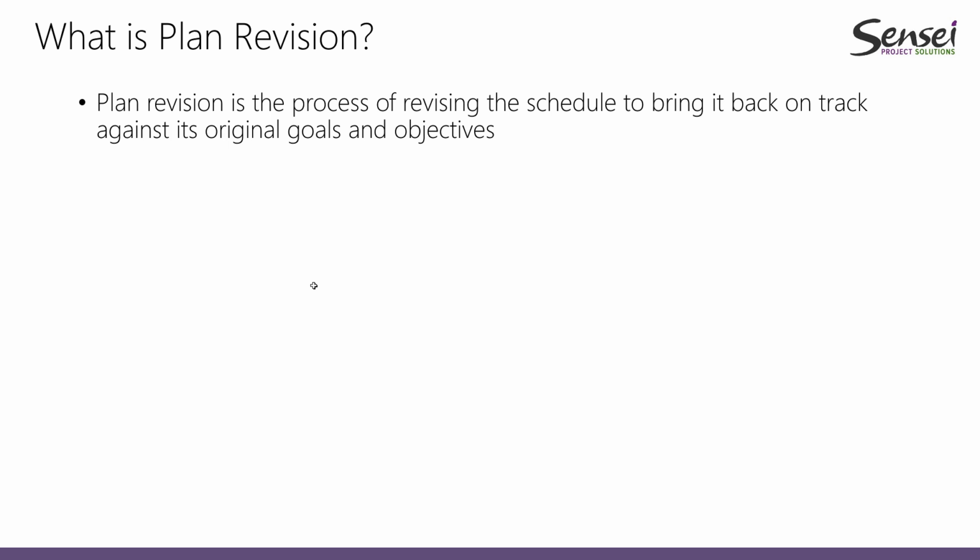So as project managers, we should always be taking care and paying attention to this. We should always try to keep our projects on track, and when something goes wrong, one of our jobs or activities is to go here and try to bring it back on track.